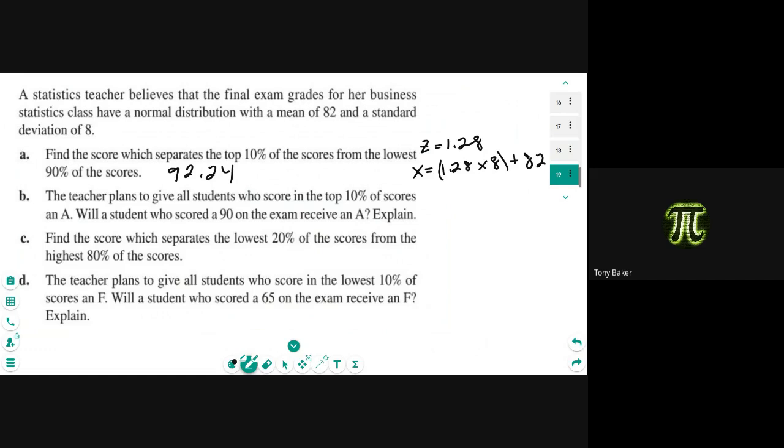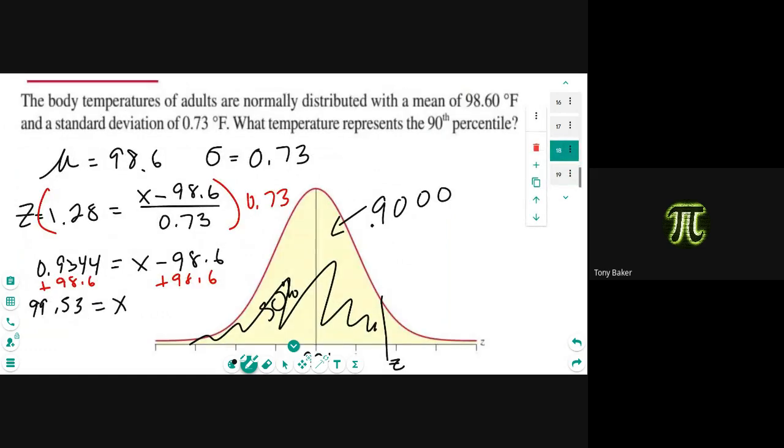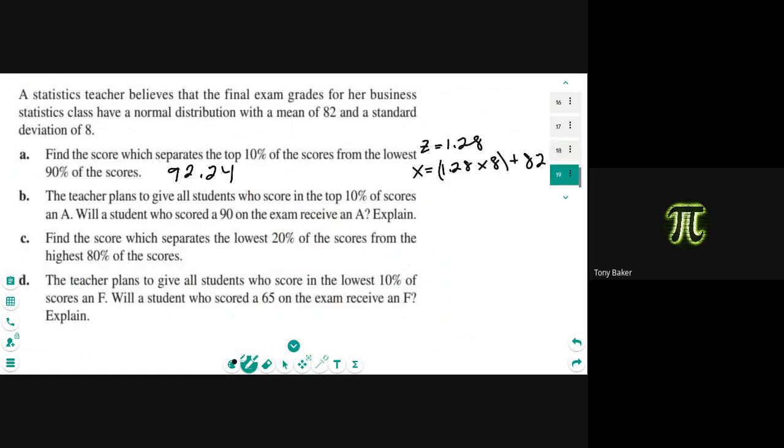So remember, you're doing the same thing we just did here, except it's going to be 82 and 8. So you're multiplying by the 8, and then you're adding the 82. So that means that the top 10% of the scores is above a 92.24, and 90% of the students would score lower than that.